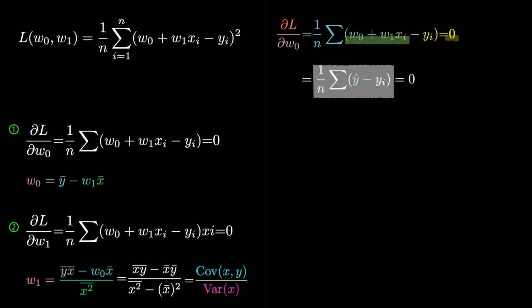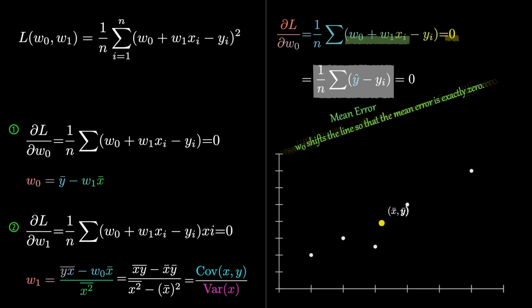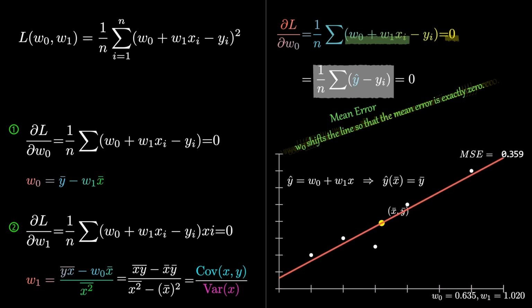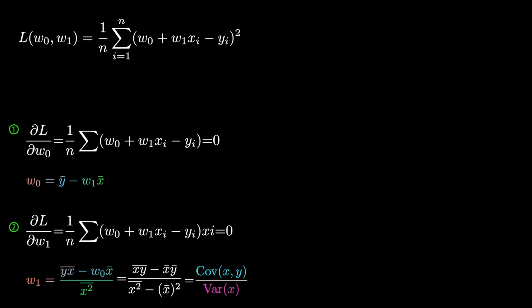In other words, the moment we find the optimal intercept W0 that minimizes MSE, the mean of all the prediction errors is automatically 0. Graphically, if we input the mean of x into the regression model, the predicted y hat will exactly equal the mean of y. The intercept ensures that this property holds, adjusting the regression line up or down as needed. If you reflect on this for a moment, it makes intuitive sense.